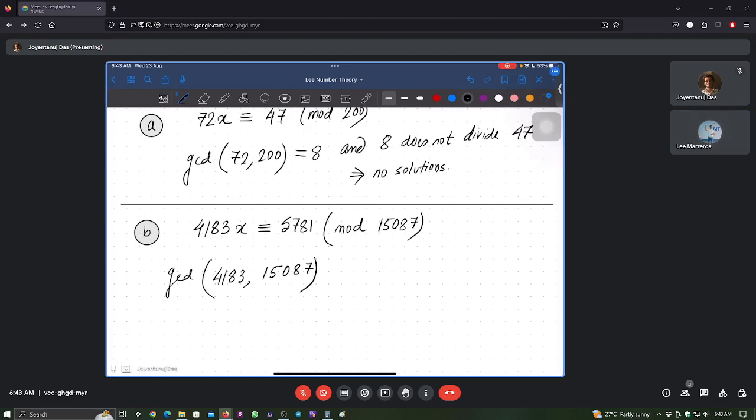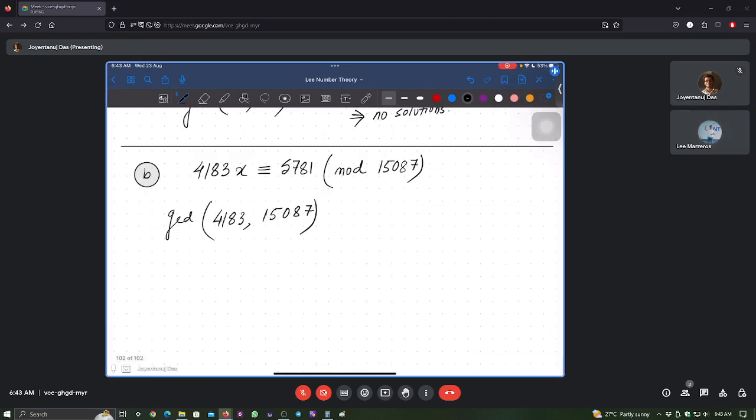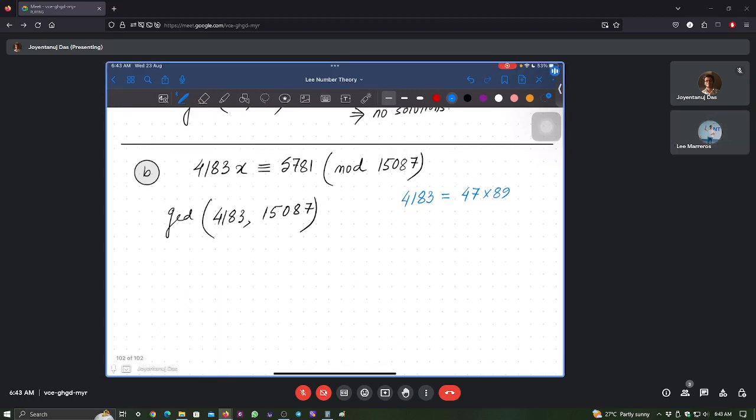Is 141 prime, you're saying? Because 141 does not divide. So 4183, the prime factorization is 47 times 89, right? So 141 will not come. Next, 15087 is 3 times 47 times 107.